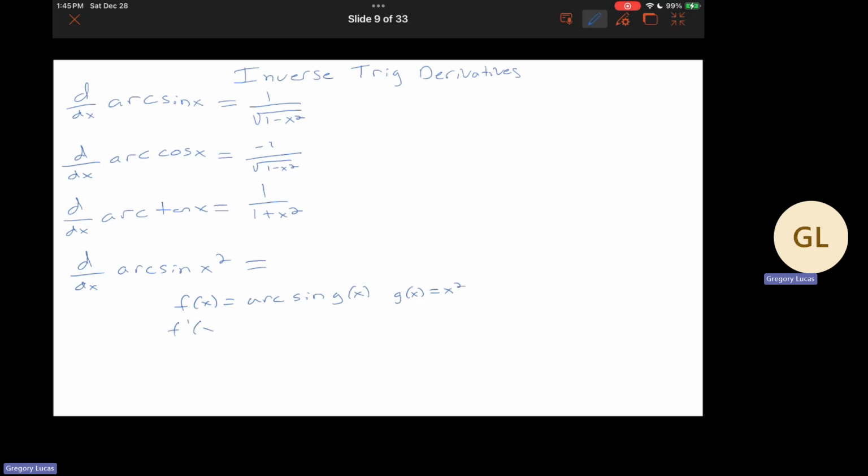We take f prime of x. Arc sine we know is 1 over root 1 minus g of x, but then squared. G prime of x is 2x. So we would have 1 over square root of 1 minus x squared, and then times 2x. Right.